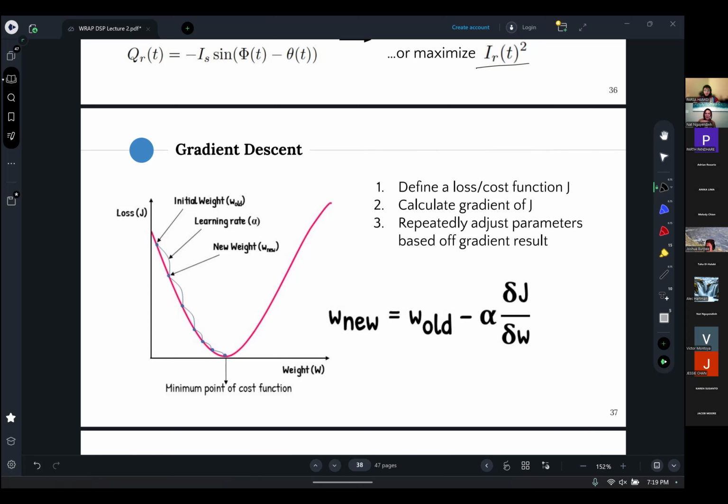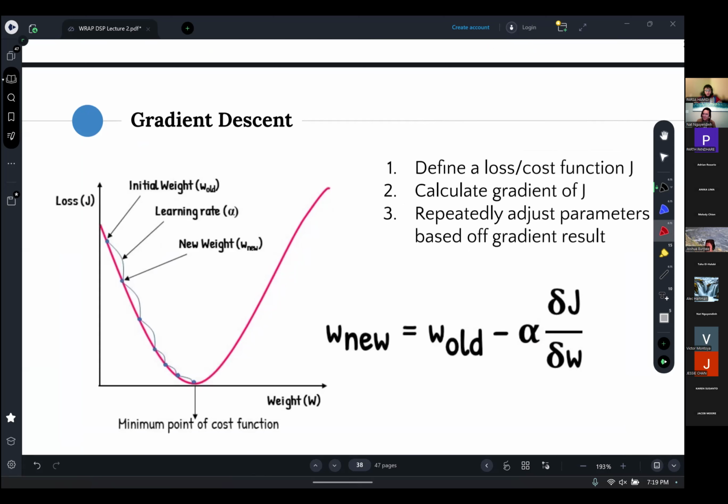Then we can move in a 3D or 4D space, keep updating our parameters, and calculate what our loss is at the new point. Let's say I start right here. This is a graph of J, which is some function that has W as an input.